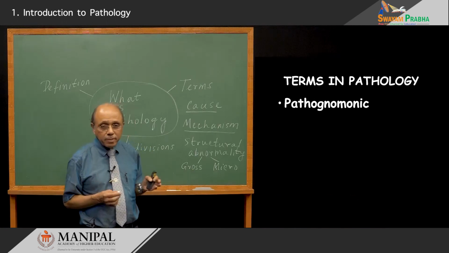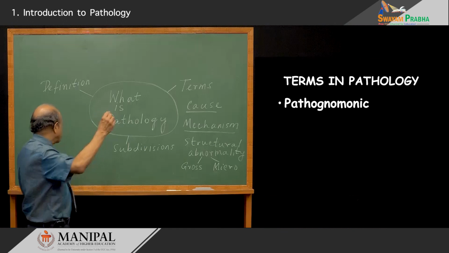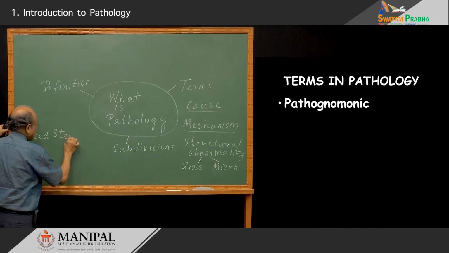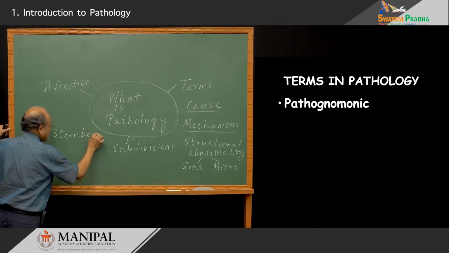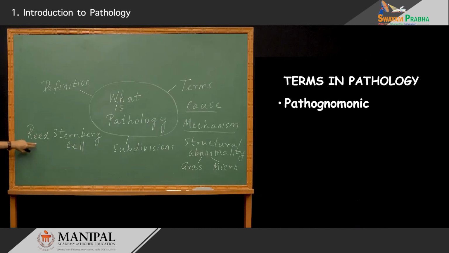For example, we say Reed Sternberg cell is pathognomonic of Hodgkin's disease.